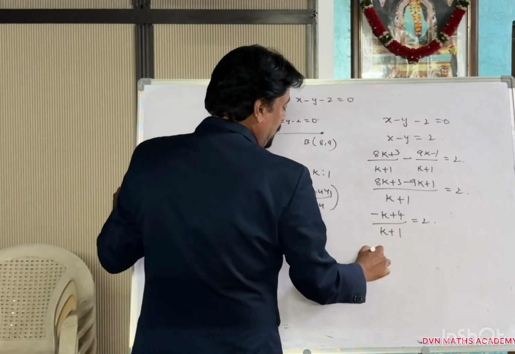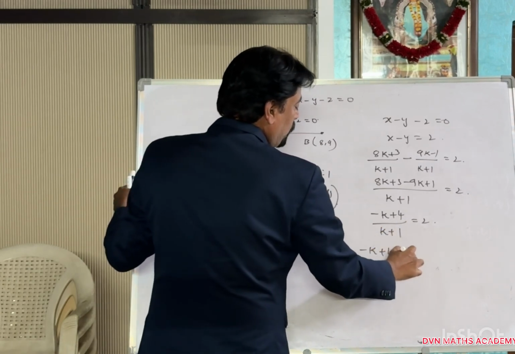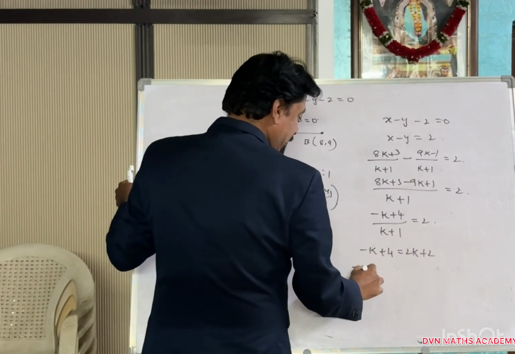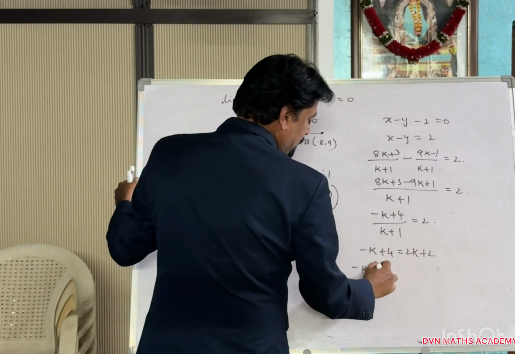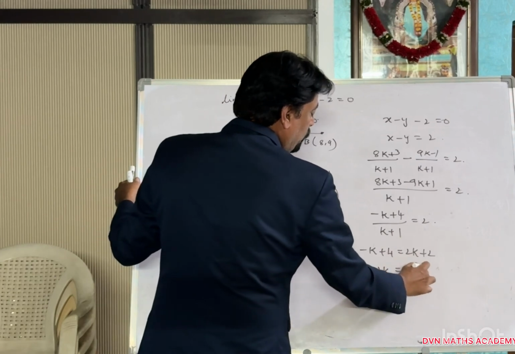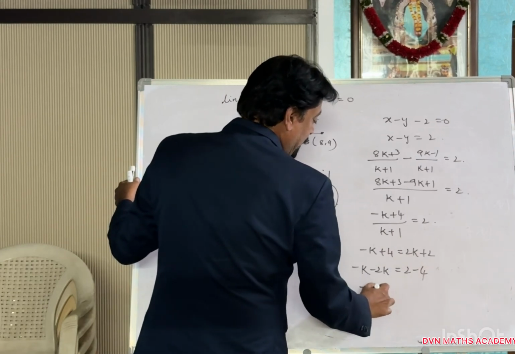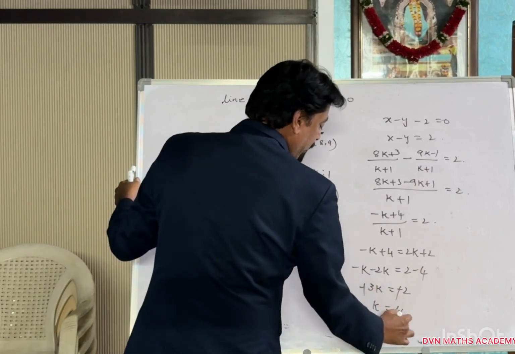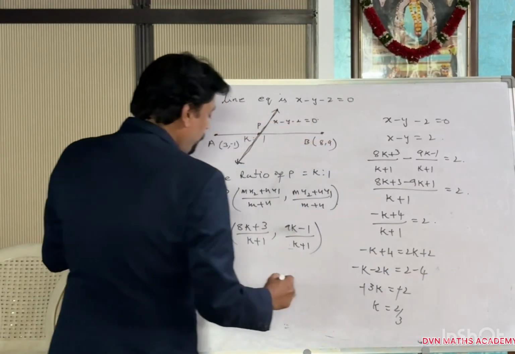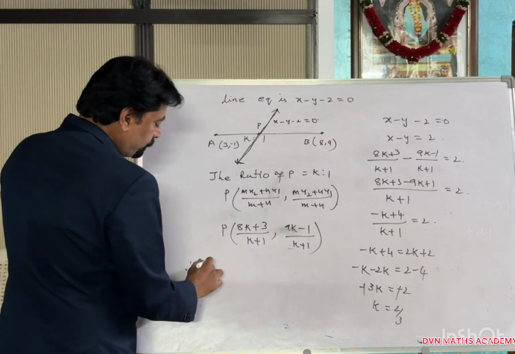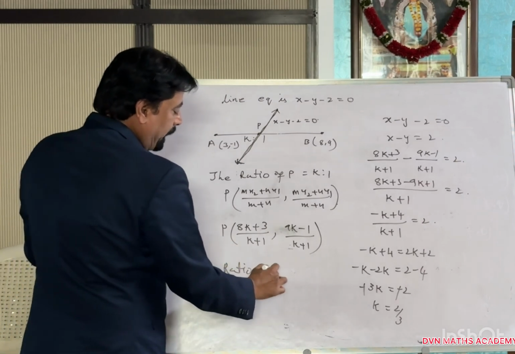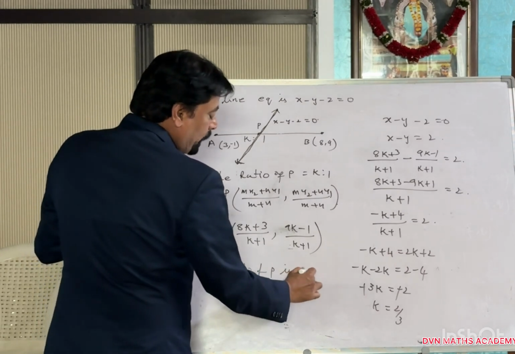By cross multiplication, 4 minus k is equal to 2k plus 2. If you bring this side, minus 3k is equal to 2 minus 4, minus 3k is equal to minus 2, minus minus cancel, k is equal to 2 by 3. Therefore, the ratio in which P divides is 2:3.